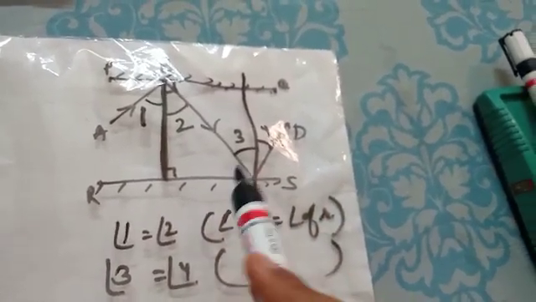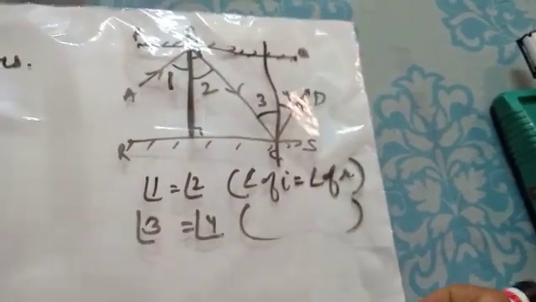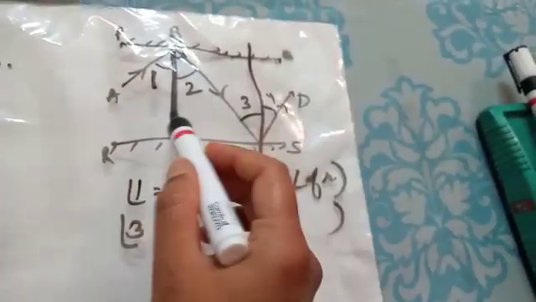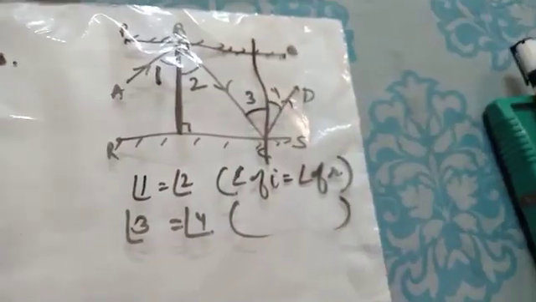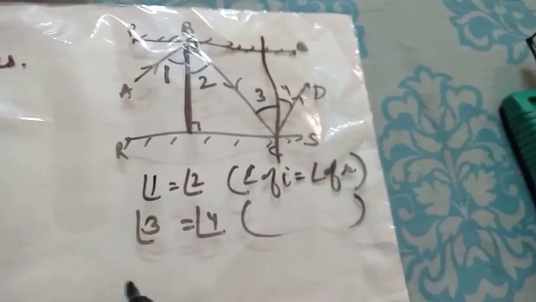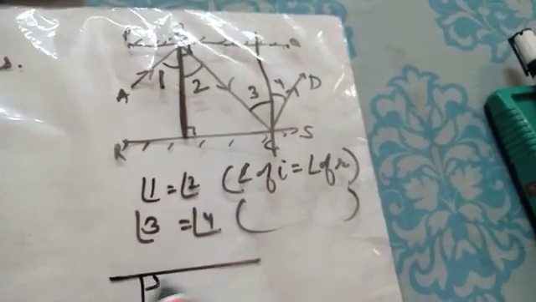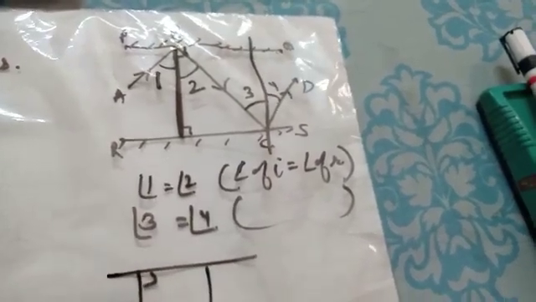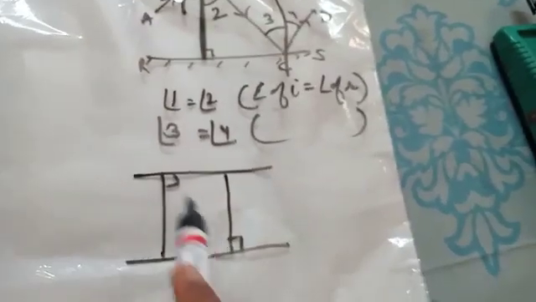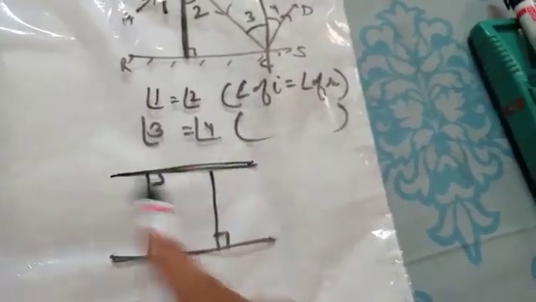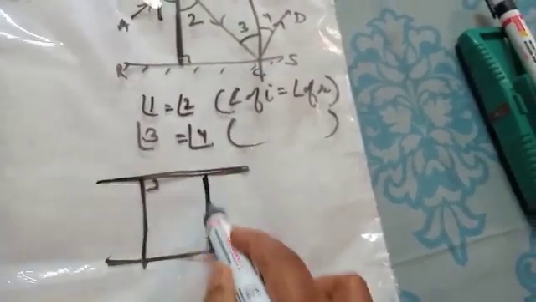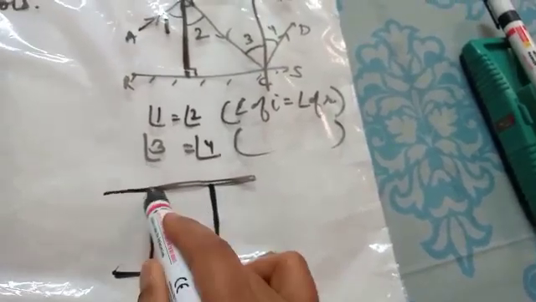Now just think of one thing which I am telling you here, that these two lines are parallel. Can I say that these two lines are parallel? The reason being, these are parallel mirrors. This is 90 and this is also 90. Can I say these two lines are parallel? Because these two are parallel mirrors. This is 90 and this is also 90. That means these two are distances.